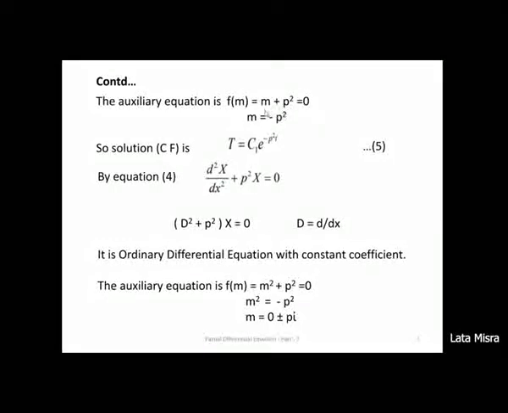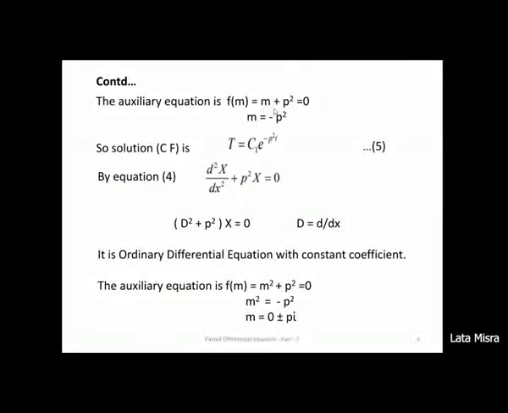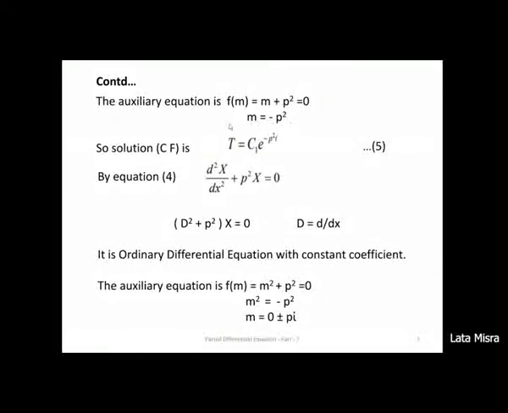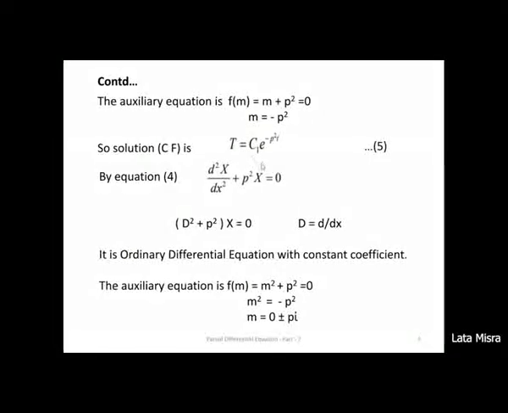Put D equal to m, we get m plus p square equals 0, and m equals minus p square. We write the solution as the complementary function: T equals c1 e raised to minus p square t. So here we get the first term, T, which is a function of small t.